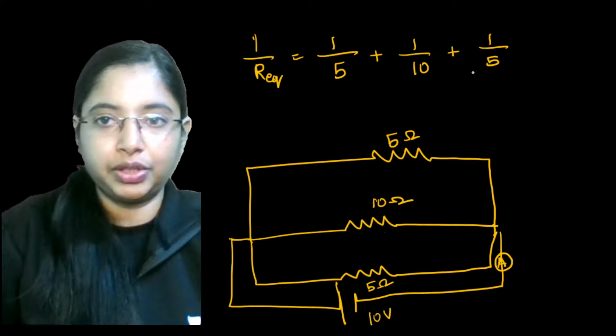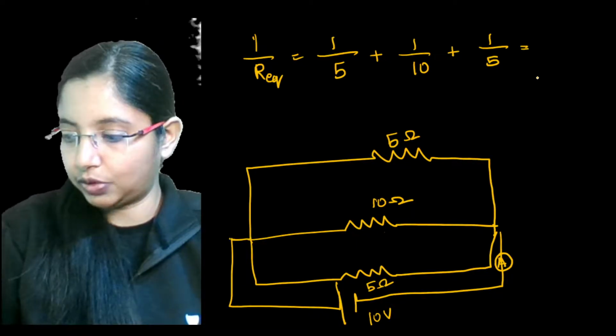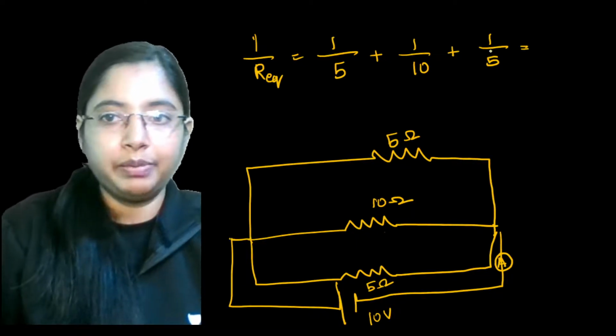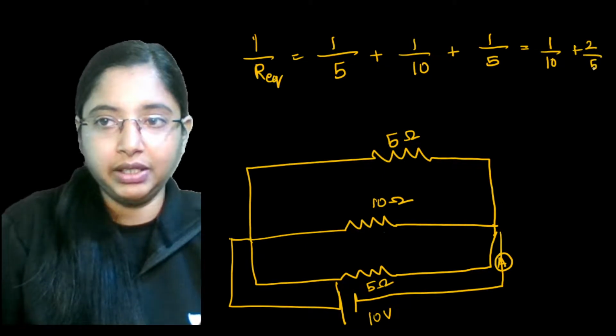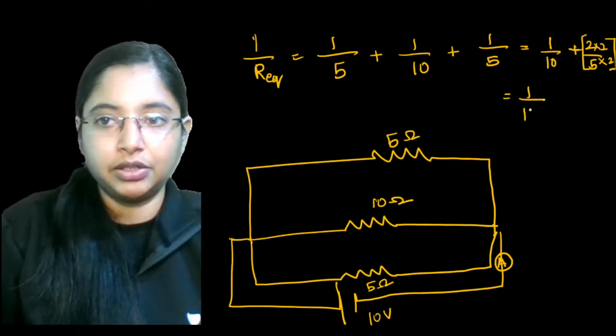So here a simple way to calculate: 1 by 5, 1 by 10 you can keep it, 1 by 5 plus 1 by 5 will be 2 by 5. Now this 2 by 5, you can multiply numerator and denominator by 2, right? So you'll get 1 by 10 plus 4 by 10.